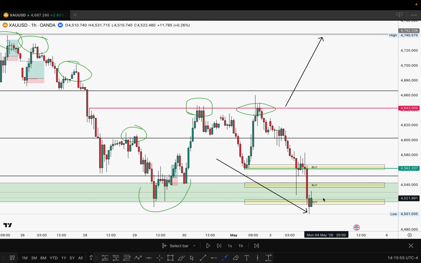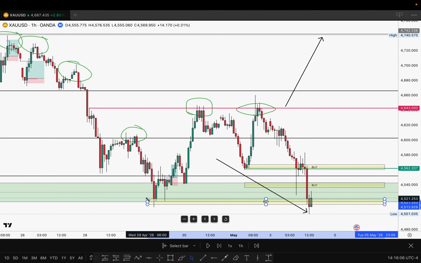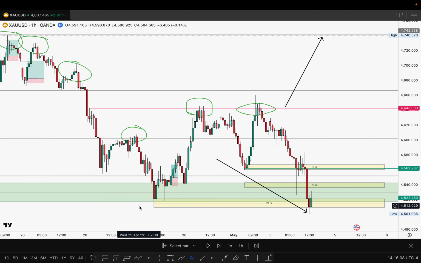So from making this high, look at what I had said, that from this area right here we have this candle exhaustion, this wick right here. You have 1, 2, 3 wicks, and now we're holding up above this area. So what I'm looking for is this.